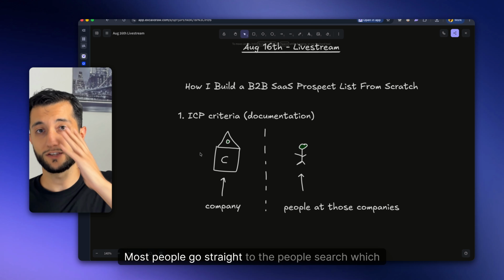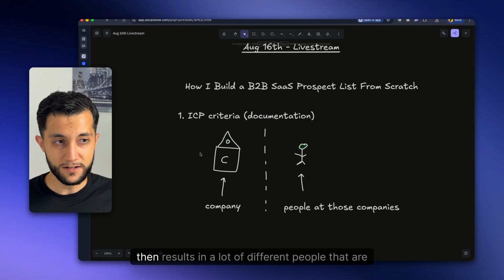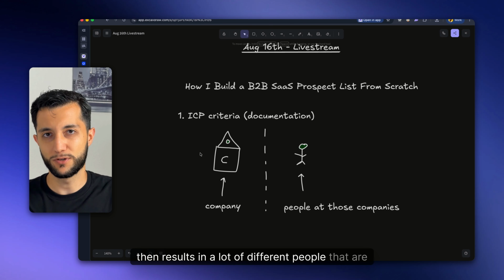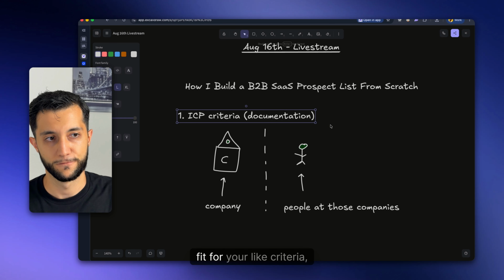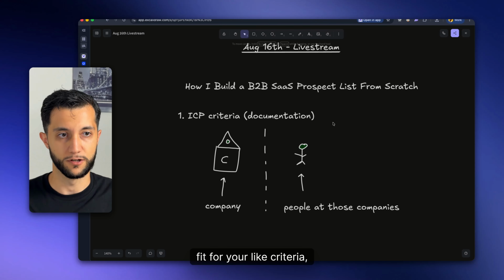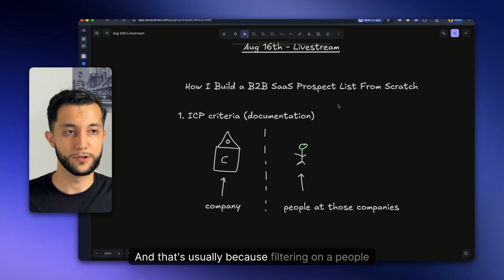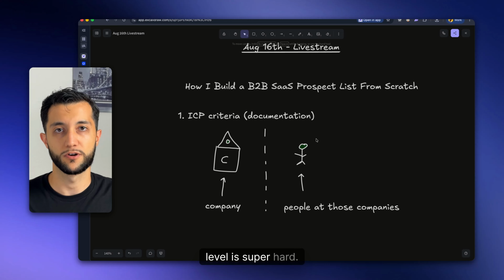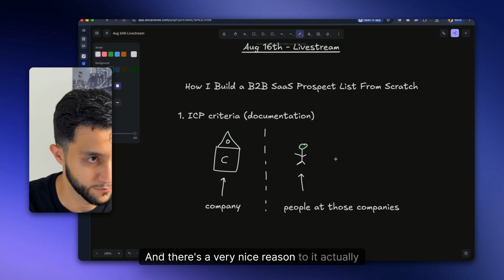Most people go straight to the people search, which then results in a lot of different people that are not a fit for your criteria, right? And that's usually because filtering on a people level is super hard. And there's a very nice reason for it, actually.